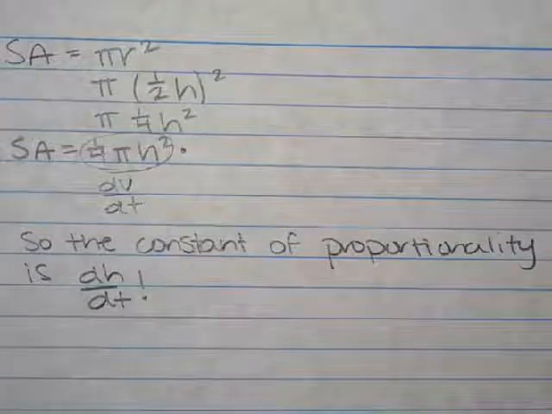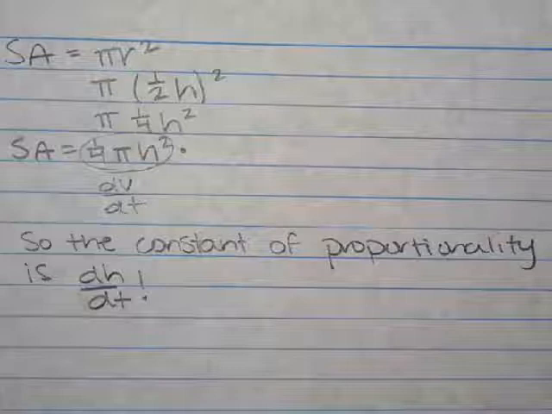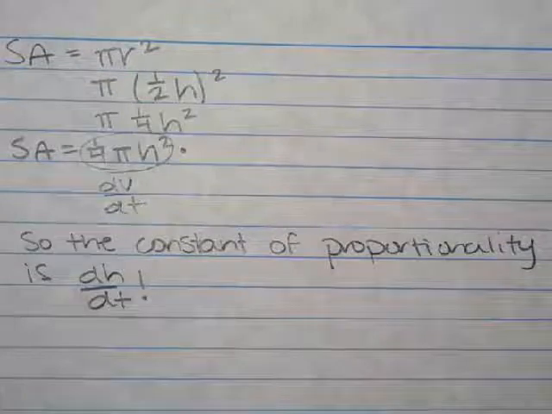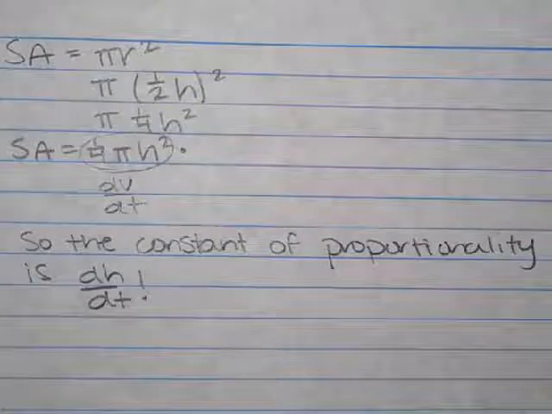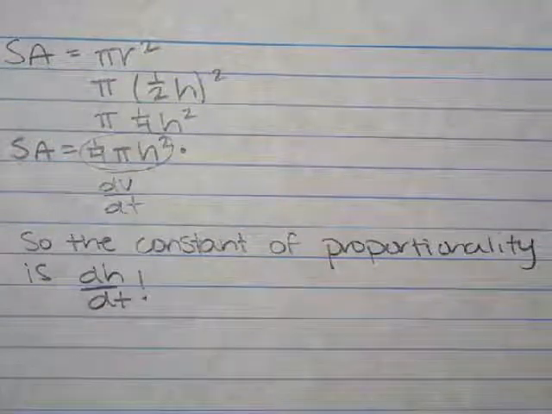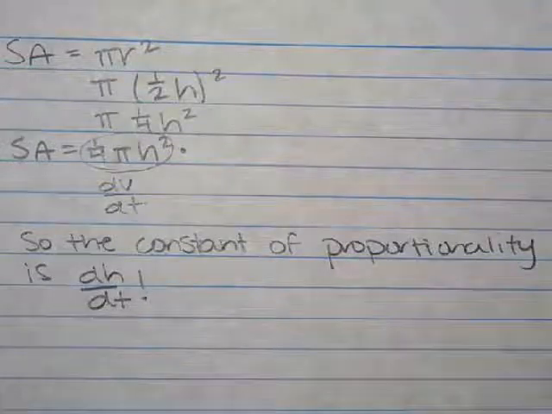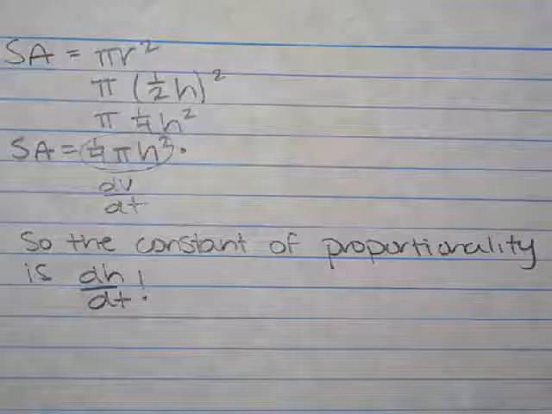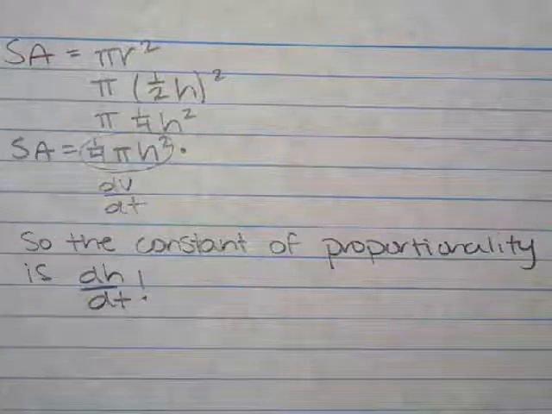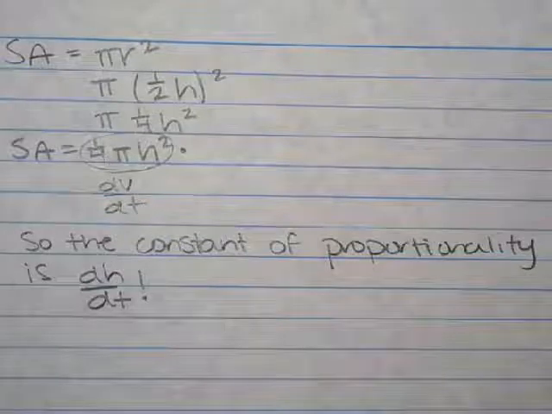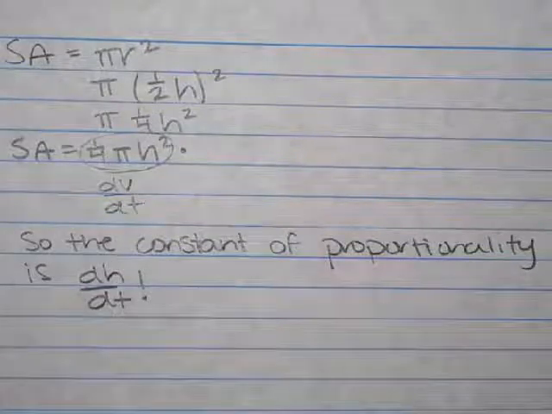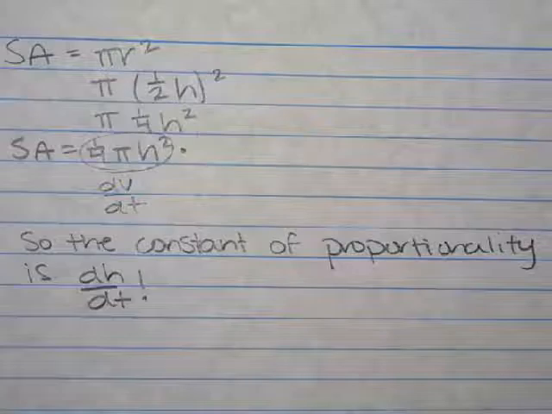So what they're saying here is that if you have that overall volume of water, there's a direct correlation between how deep that water is in the cone and the surface area that's exposed. So the deeper the water is in the cone, the more the surface of the water is showing, right? So here's how much surface water you have showing. If I made that a little bit deeper, there'd be a little bit more surface showing.